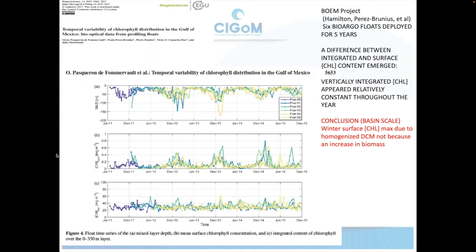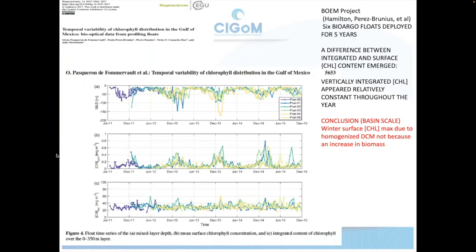What you see, and it's pretty evident in the top 2 panels, is a strong seasonal cycle, with deep mixed layer depths during winter, and also a strong seasonal signal with high chlorophyll content near the surface during winter and very low surface chlorophyll content in the summer.